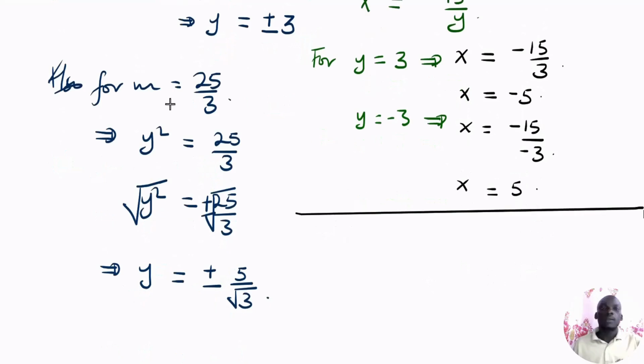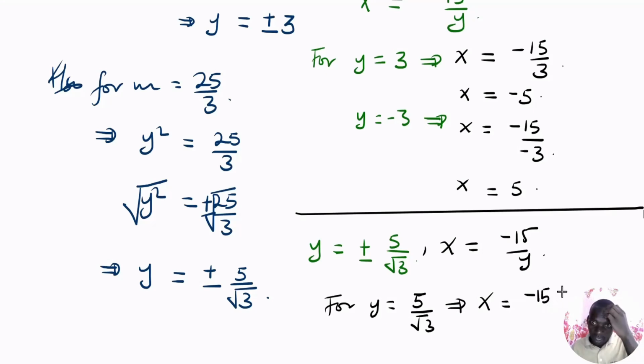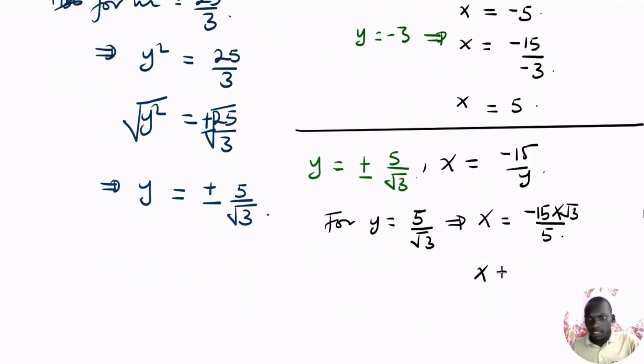What does it imply? It implies that for y being equal to plus or minus 5 divided by the square root of 3, and from x equal to negative 15 divided by y, it means that for y equaling the positive 5 divided by square root of 3, our x is going to be equal to negative 15, and we multiply by the square root of 3, then divided by 5, implying that our x equals negative 3 root 3.